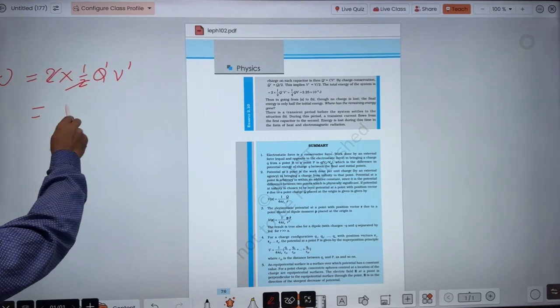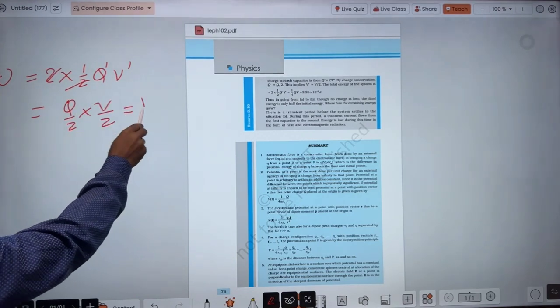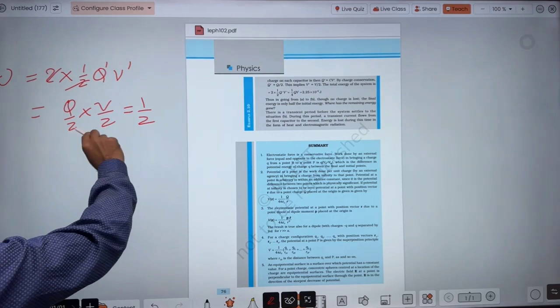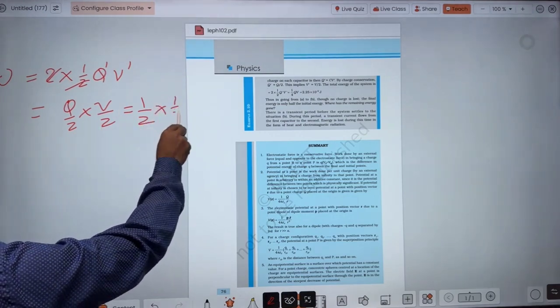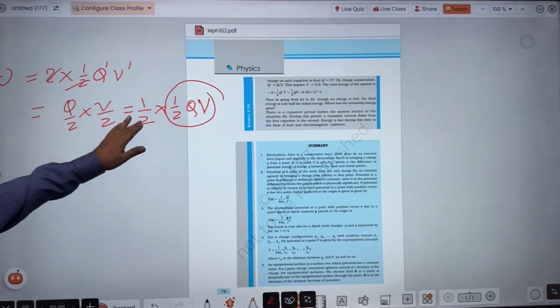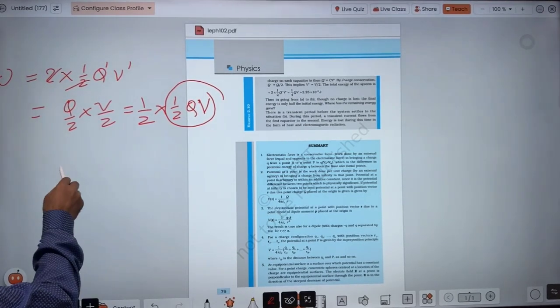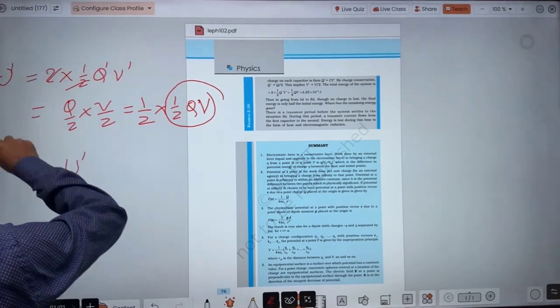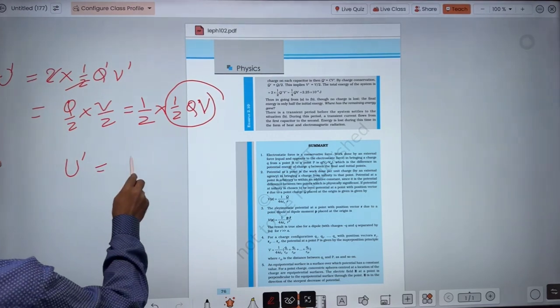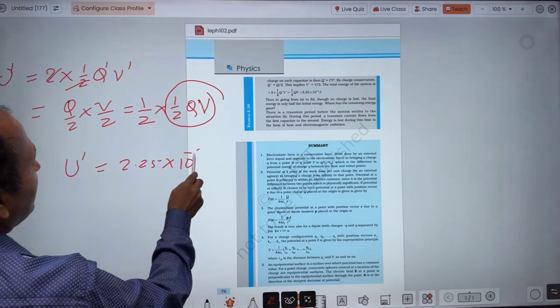So Q by 2 into V by 2, that is 1 by 4. Don't write 1 by 4, just write 1 by 2 QV, so that you can compare. This is the original energy and it is getting divided by 2. In the previous case it was 4.5 into 10 power minus 6 joule. This time it will become U dash, which is half of that value, so it comes out to be 2.25 into 10 power minus 6 joule.